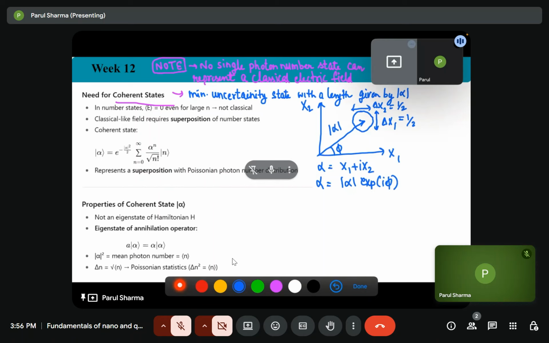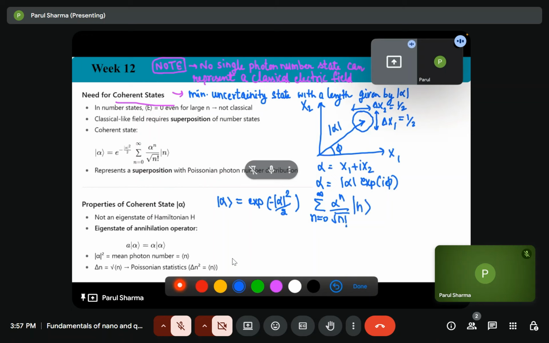So now we can write the state in terms of alpha. Alpha is equals to exponential minus alpha square by 2, summation of n equals to 0 to infinity, alpha n upon root n factorial.